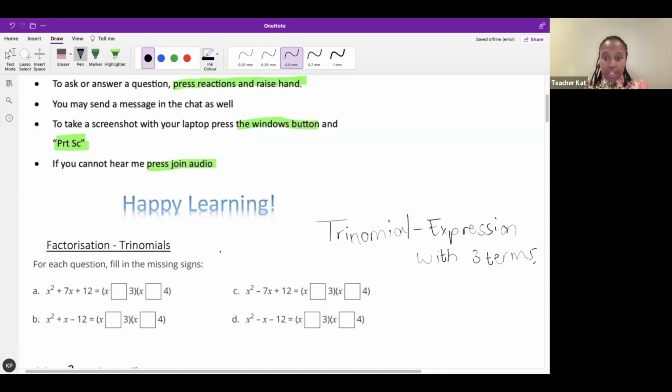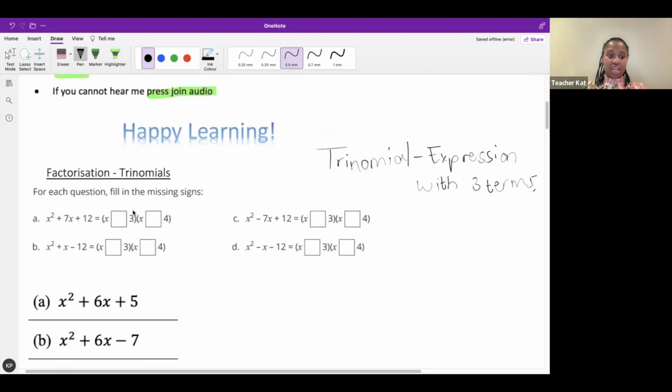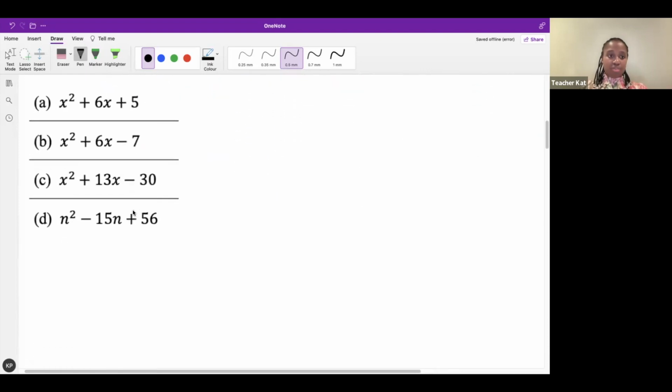Now there are a few tips and tricks that I'm going to show you about factorizing trinomials. I know this might not be everyone's best friend. Okay, so I want to start with these ones. Let's look at A. I will make a little set of rules once we're done.